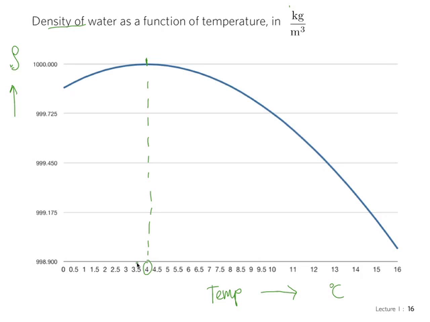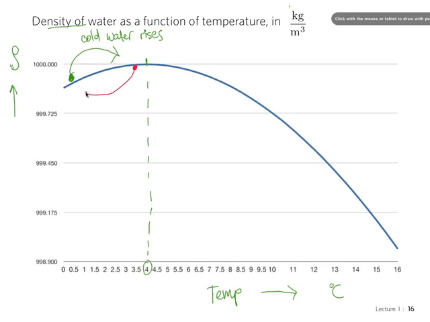Now that's very interesting for water because it means that between freezing and 4, the water gets less and less dense as it goes towards freezing. And so colder water down here is less dense, so it rises. And warmer water in this range is more dense, so it sinks.